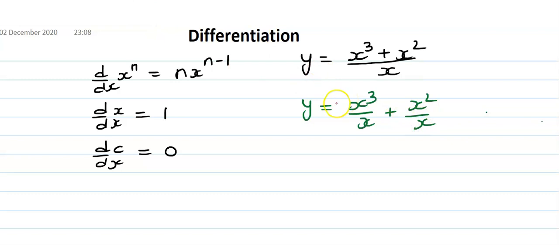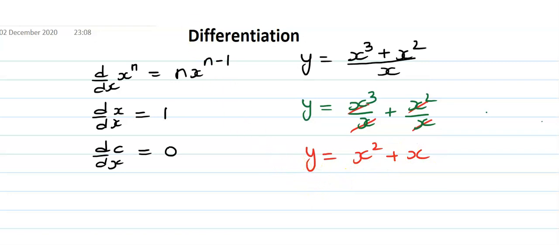Now what is happening? We are not using differentiation at all. We are just simplifying using algebra. One x and one x cancel out, so we get y equal to x squared plus x. Now time has come to differentiate.